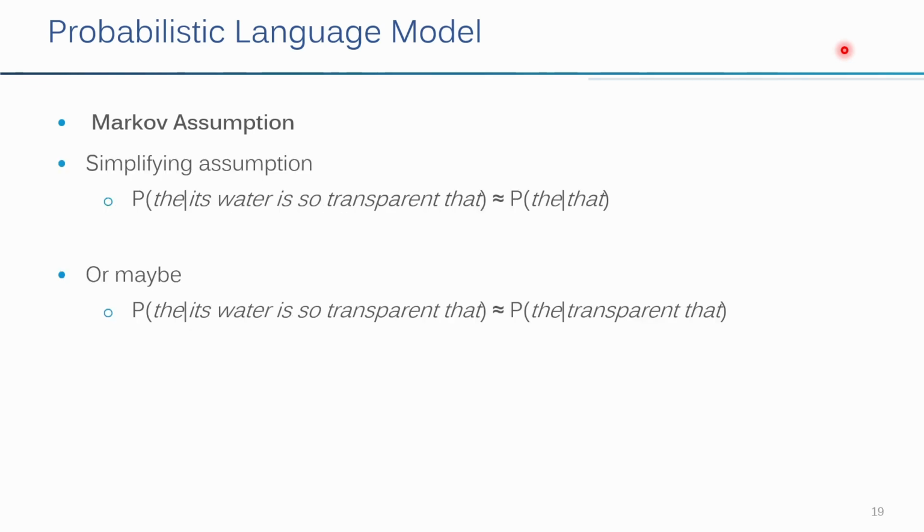And why is that? Because when we have the entire sequence, say we're trying to predict the next word given "its water is so transparent that," we don't need to consider the entire thing. If I just take a peek at what was right behind, like the probability of the word given "that," it's pretty much the same as for the entire sequence.